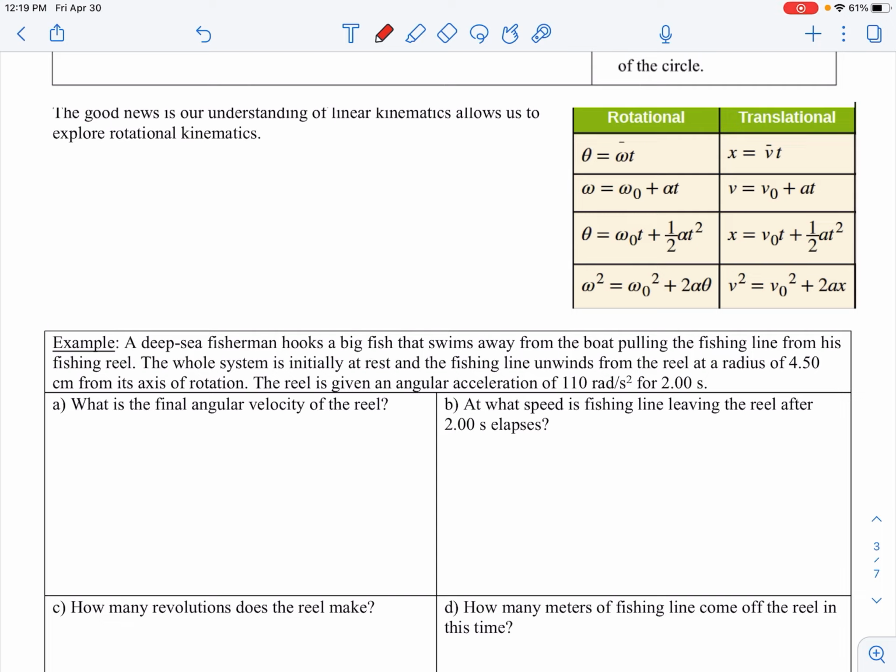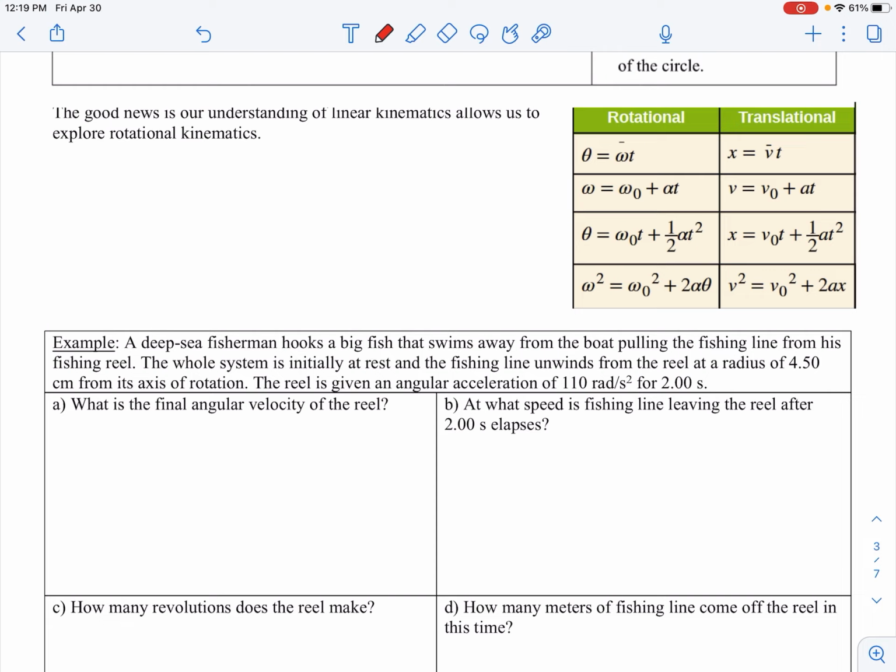So let's look at a little example here, right? We're going to break this down in both linear and rotational motion in some sense. A deep sea fisherman hooks a big fish, which swims away from the boat, pulling the fishing line from his fishing reel. Initially we could think about this as just straight, right? The fish is straight in front of them. So this would be just linear motion.